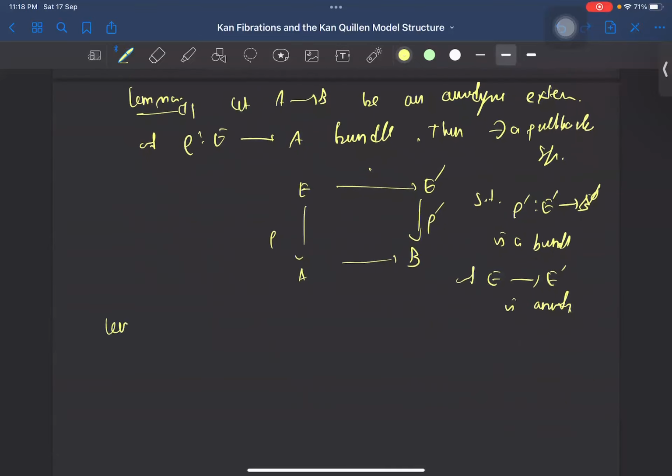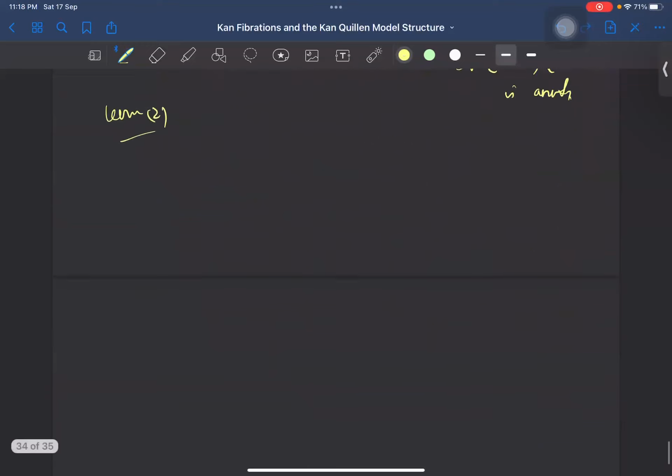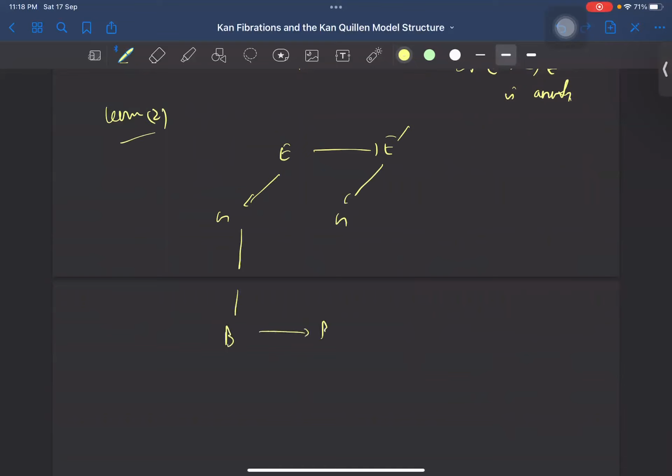And the second lemma, let me call it lemma 2. So now instead of a square, we'll have a cube. Let me try and draw it properly. Hope I don't completely mess this up. Yeah, this is turning out to be better than I'd expected.